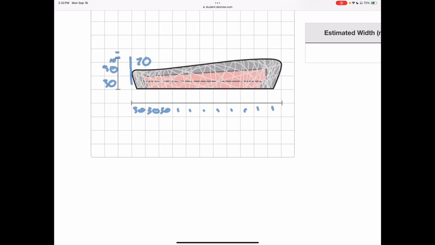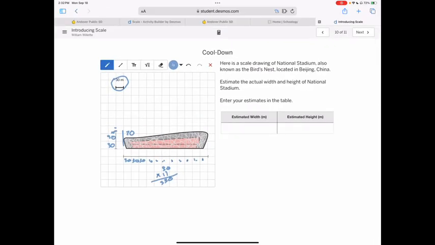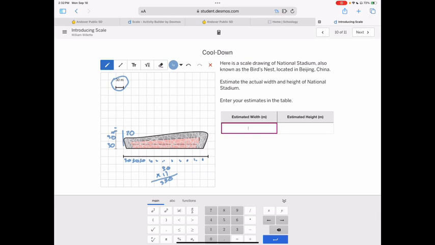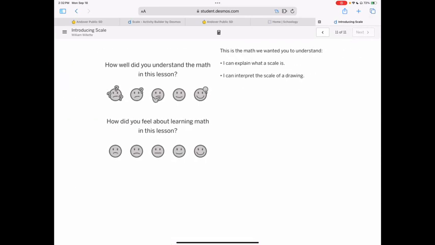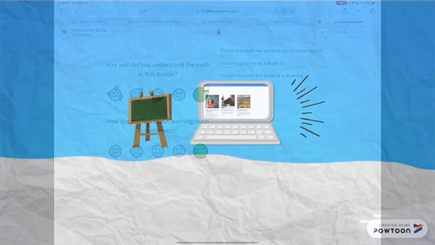So how many times do we have 30 there? 11 times. 30 times 11, which is 330. So if I estimated, my width would be 330, and my height would be about 70. And I don't know about you, but I feel like I understood, and I feel great about it.